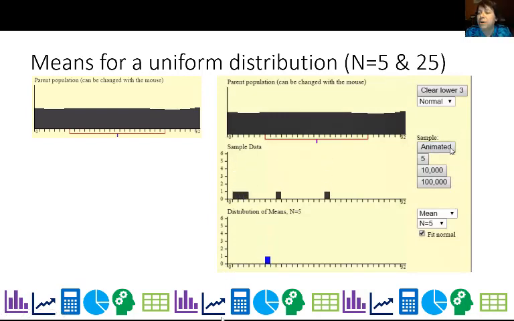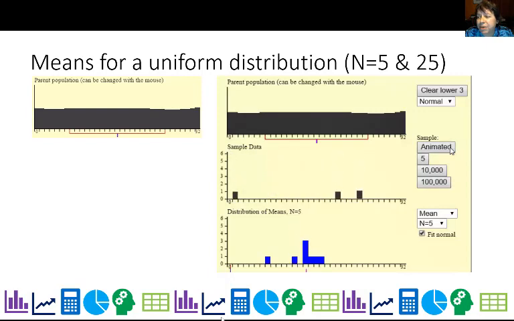So what I'm doing is I'm drawing samples. Here's sample size 5. And I keep adding to it. So you can see there's 5 and there's the mean. Another 5 and there's the mean. And then another 5 and take the mean. So that creates a blue dot.